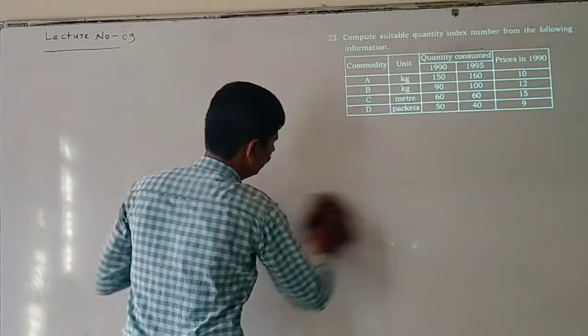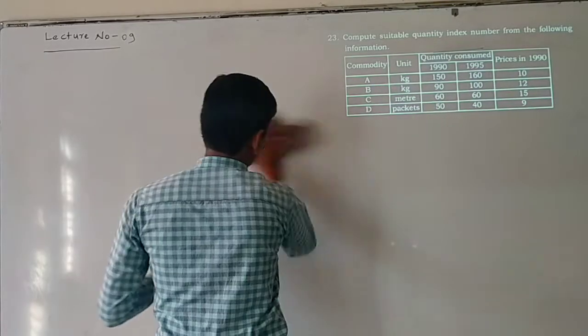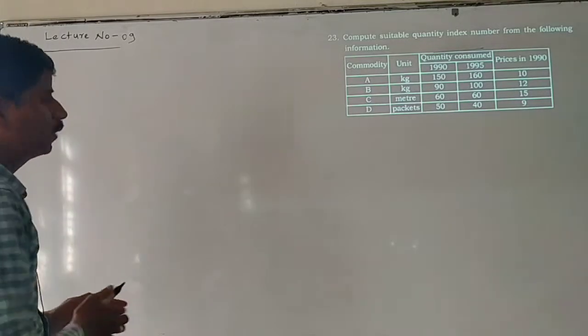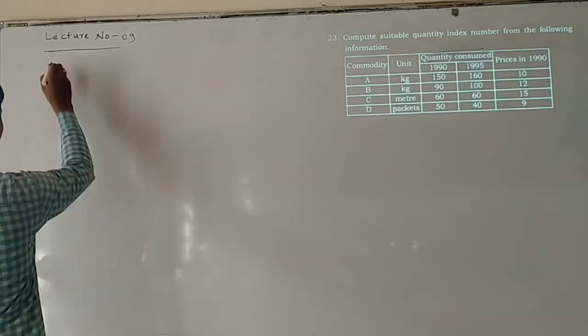Okay, they have not mentioned Laspeyres, Paasche, Drobisch, whatever. Here, the formula is based on availability of data. Okay, 23rd solution.